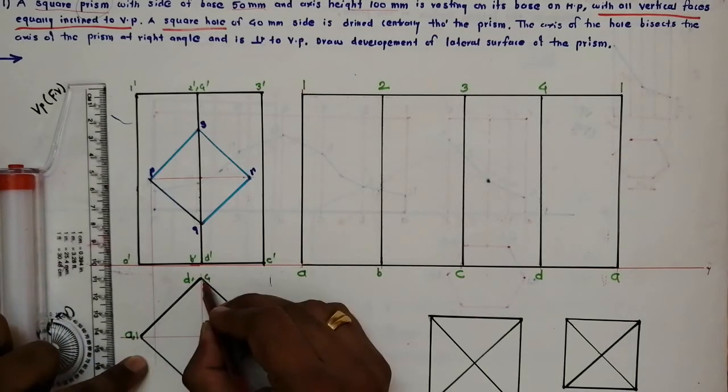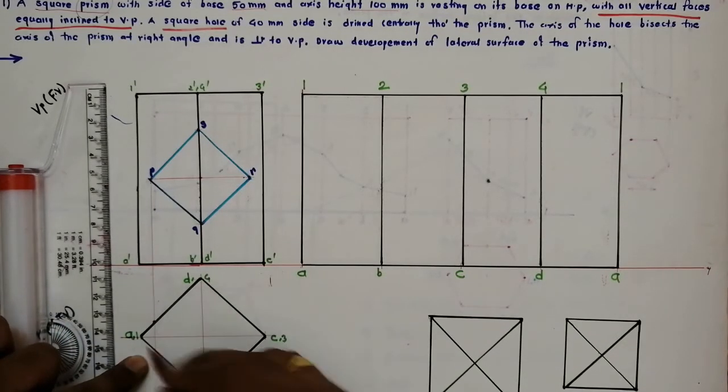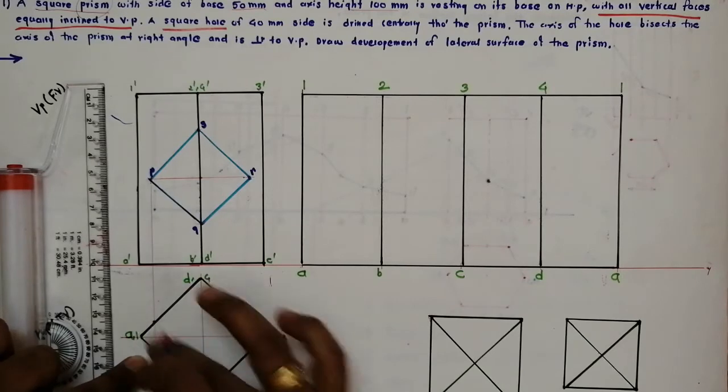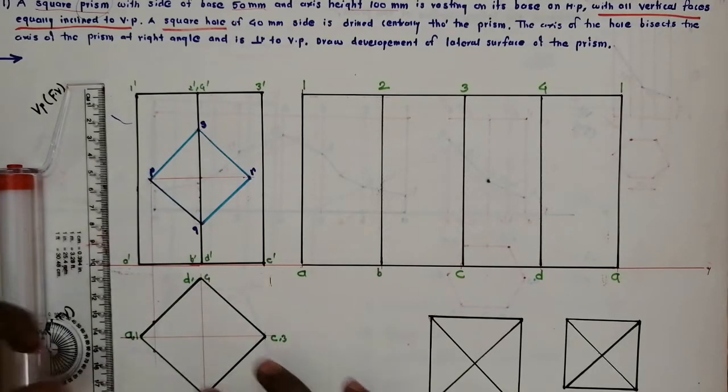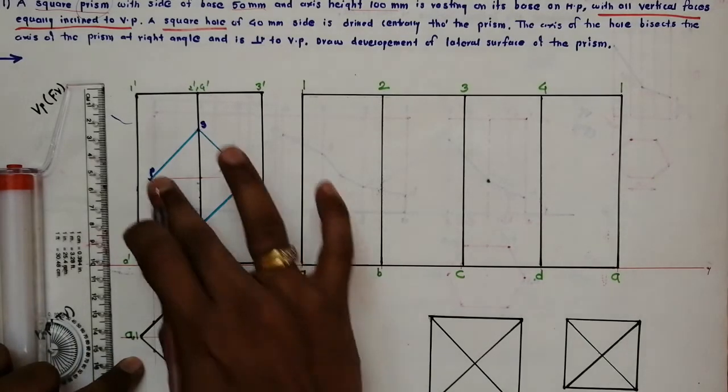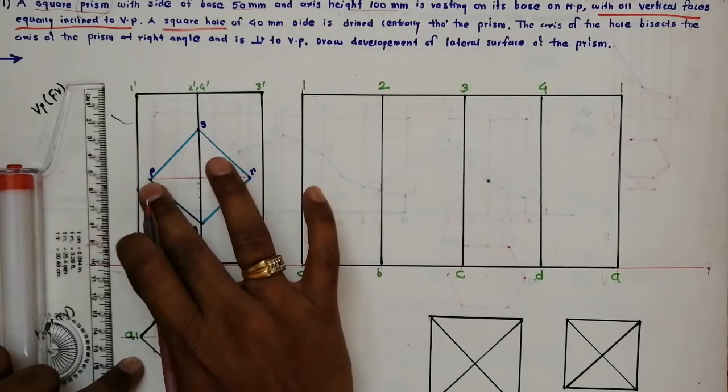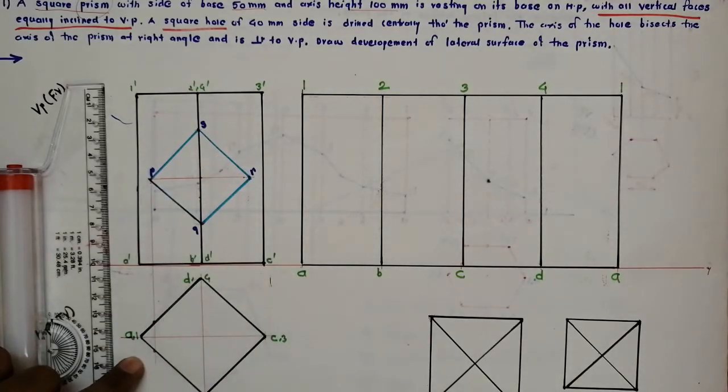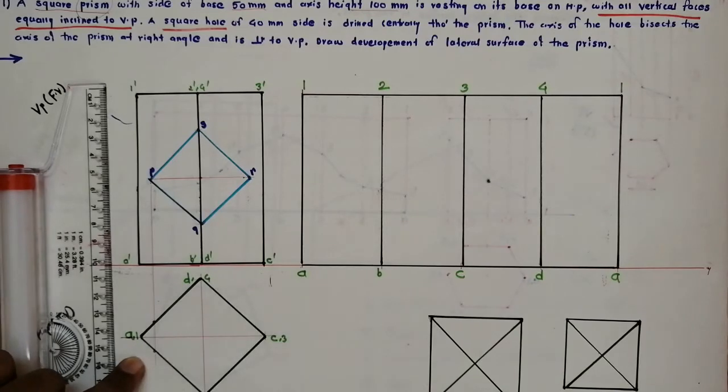So it is intersecting ED and it is intersecting AB. That means it is intersecting 2 edges, so we'll get 2 intersections here. So point P has 2 intersections.